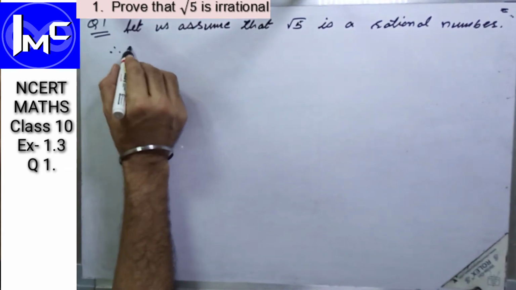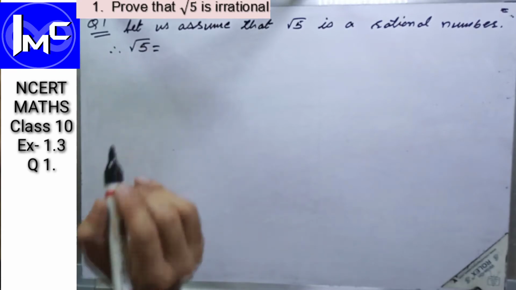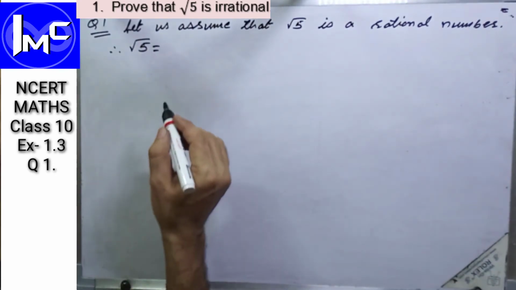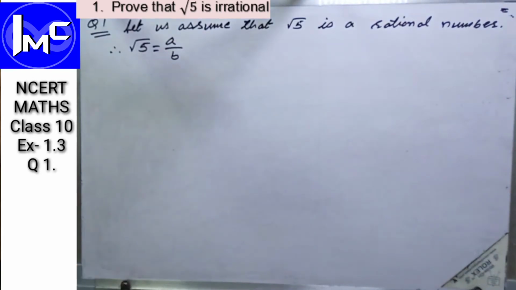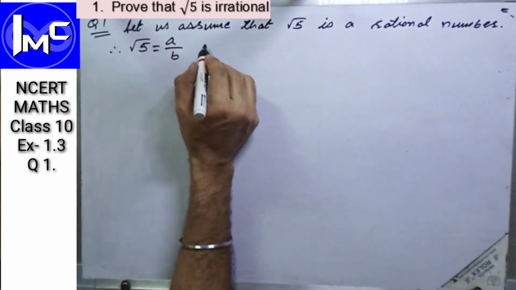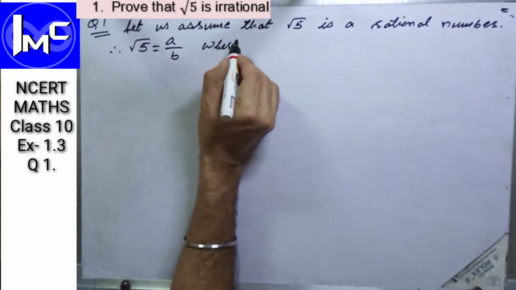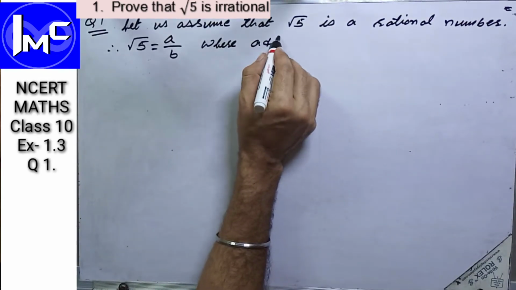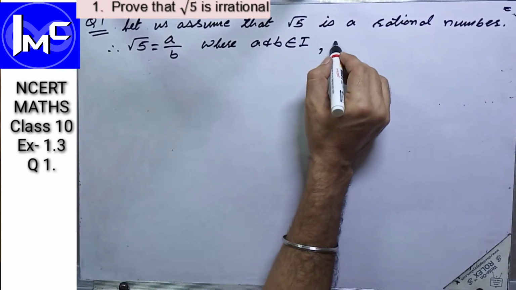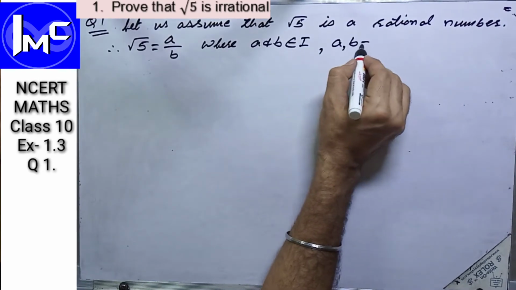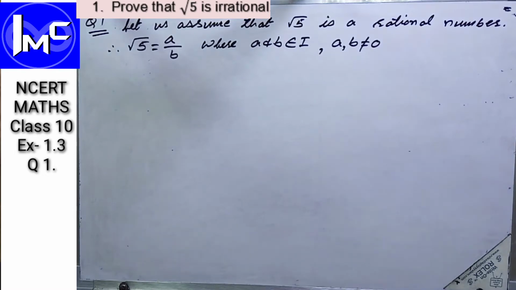Therefore, under root 5 can be written as a over b, where a and b are integers and a and b are non-zero.